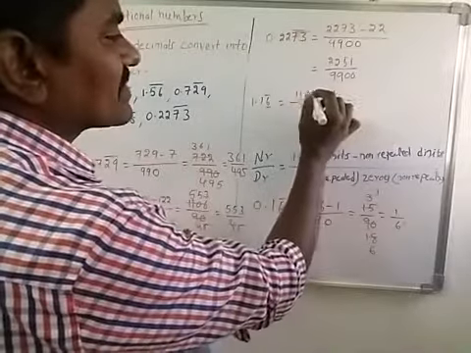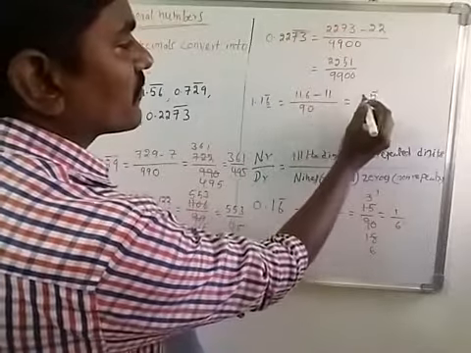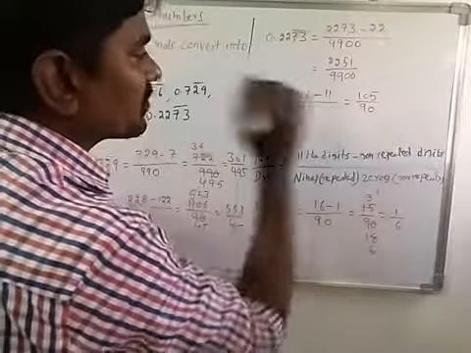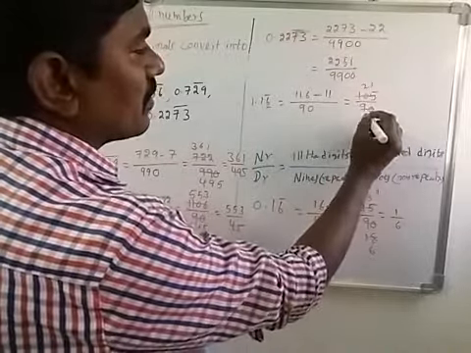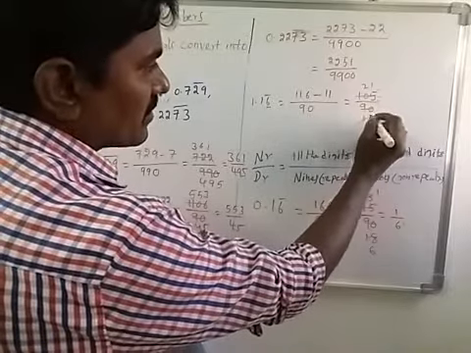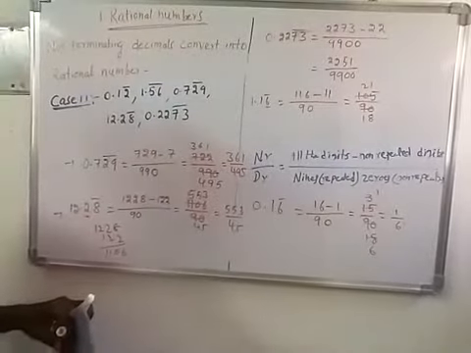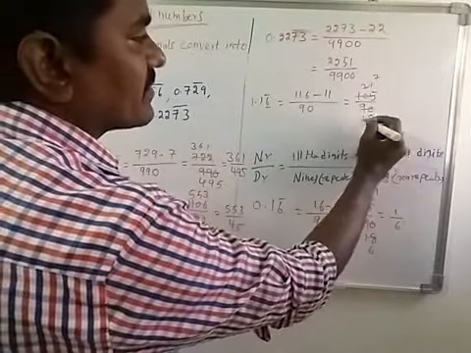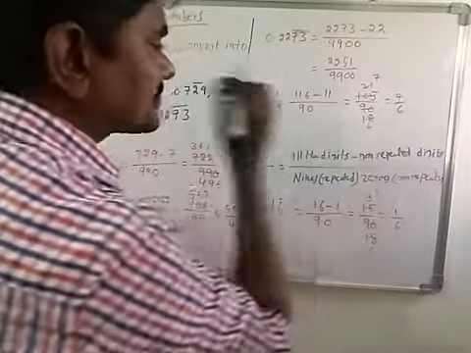That equals 116 minus 11, 105 by 90. This is cancelled with the fifth table, and also with the 3 table. That equals 7 by 6.